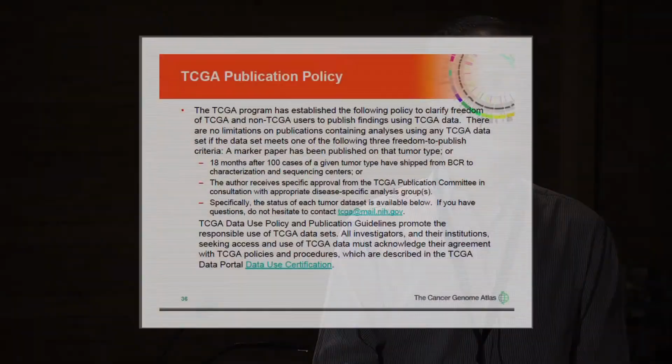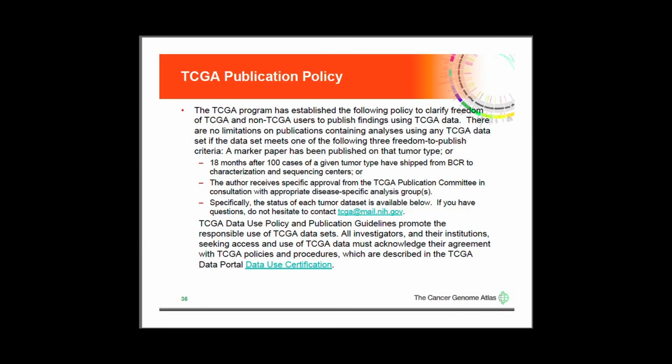Generally the rule has been if you're only working with one platform, so if you're only working with the DNA methylation data, or only the gene expression data, generally you can go ahead and publish on that. So the moratorium doesn't apply. If you're using multiple platforms, comparing DNA methylation to the gene expression, then usually the moratorium is in place for that.